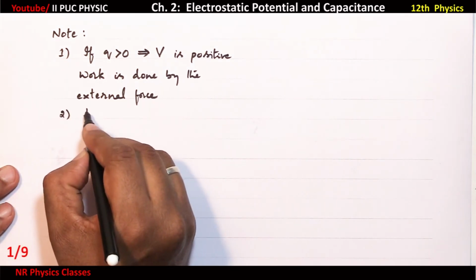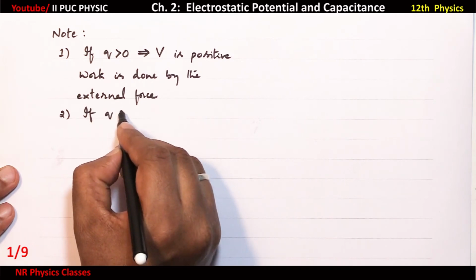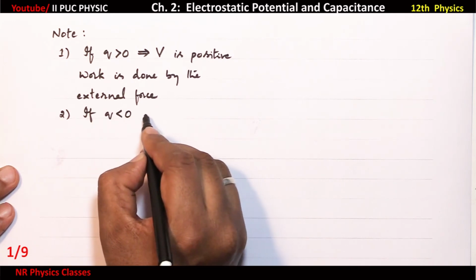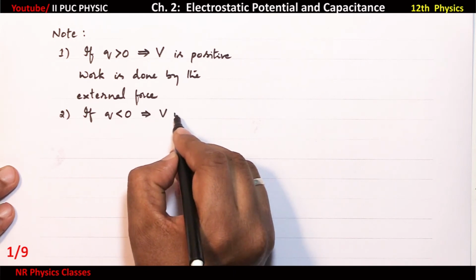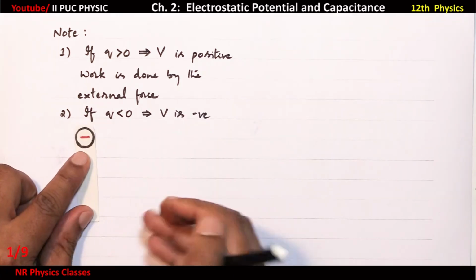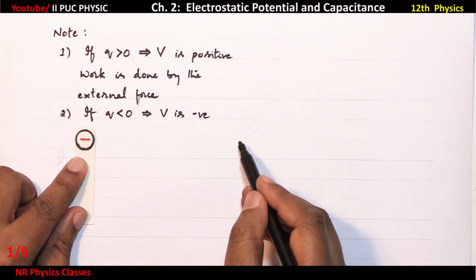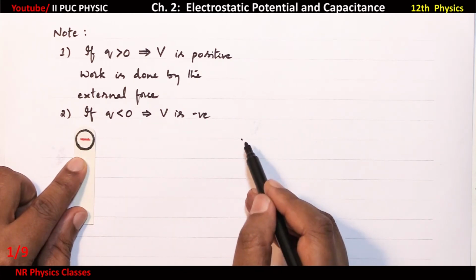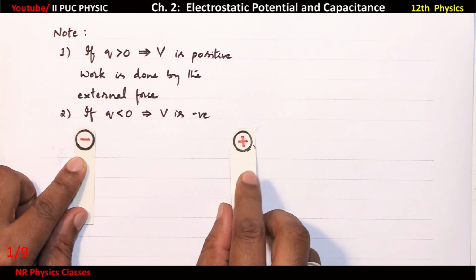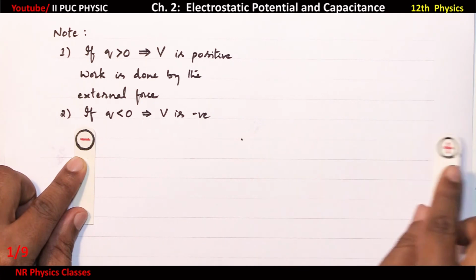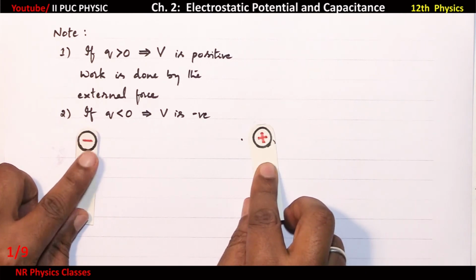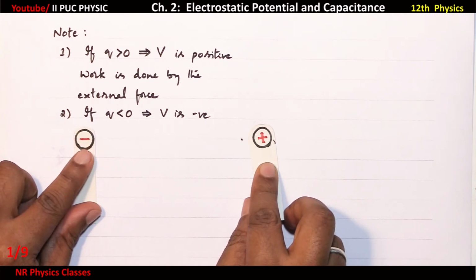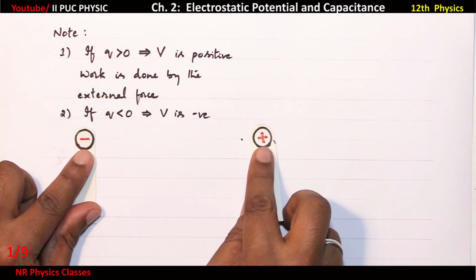Second case, if q is less than 0, means negative charge. For a negative charge, potential is negative. This is the fixed charge. I want potential at this point. This is always positive. Work done to bring this charge from infinity to this point, we don't have to do any work because of this negative charge. Because of this negative charge, this charge is pulled.